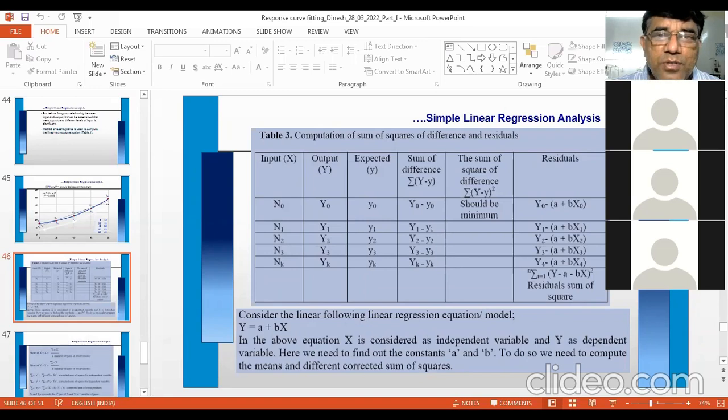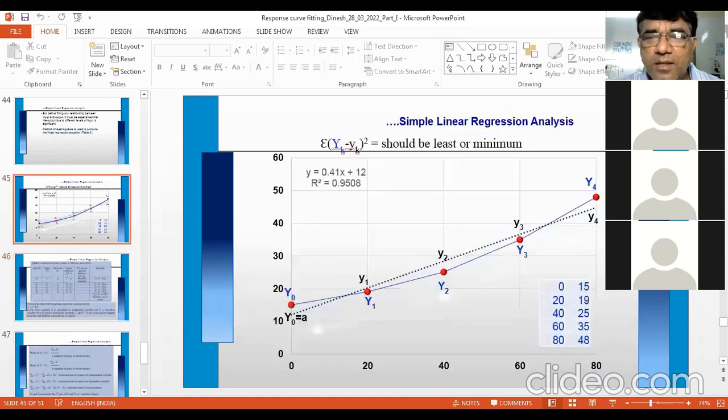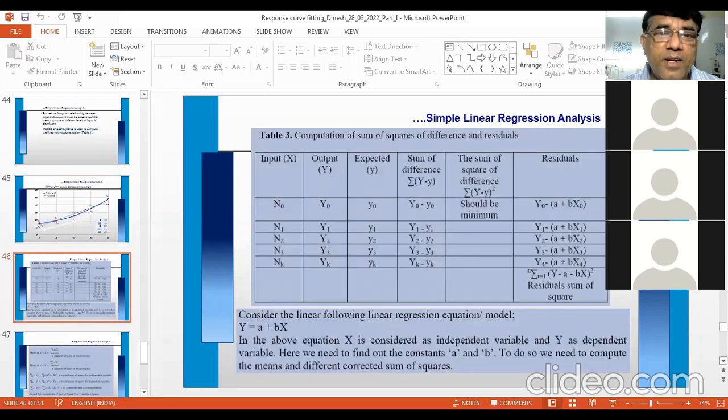First is how to compute the sum of squares of differences, the residuals. As you saw in the last case, capital Y and small y: small y is your computed, expected or predicted value on the line, and capital Y is your observed data.